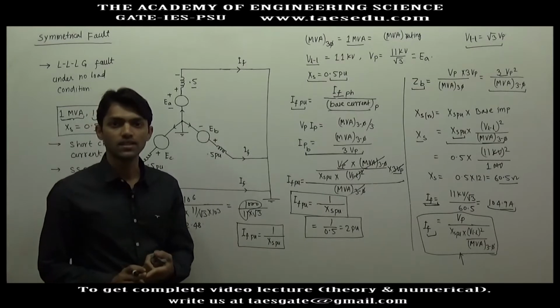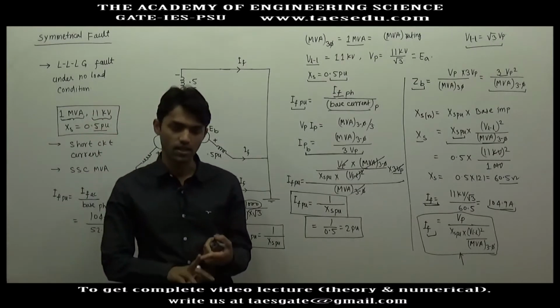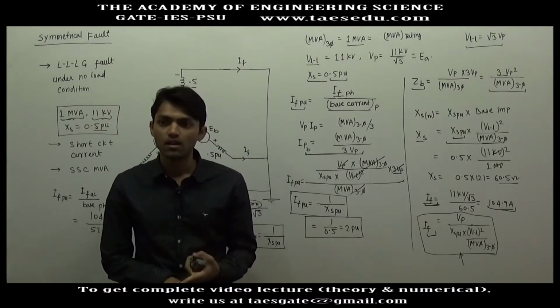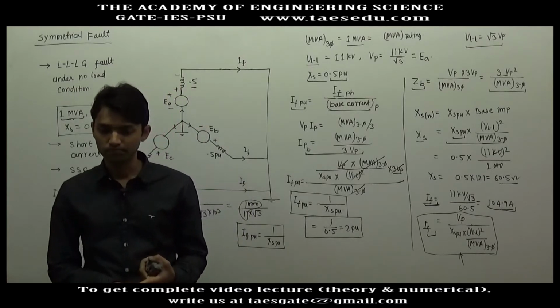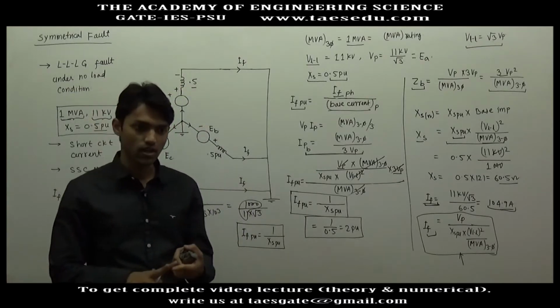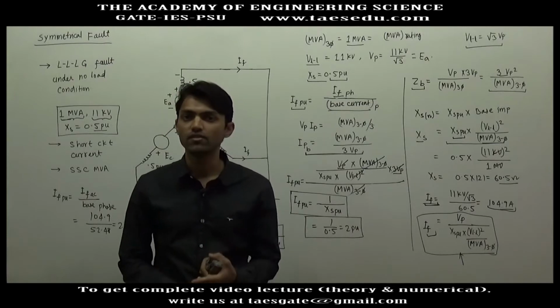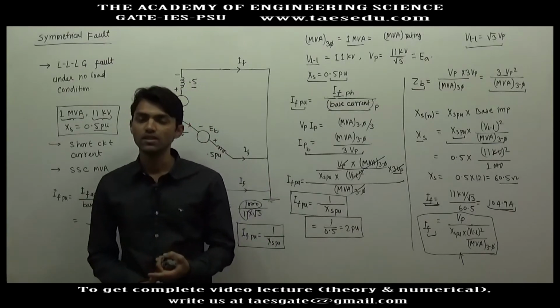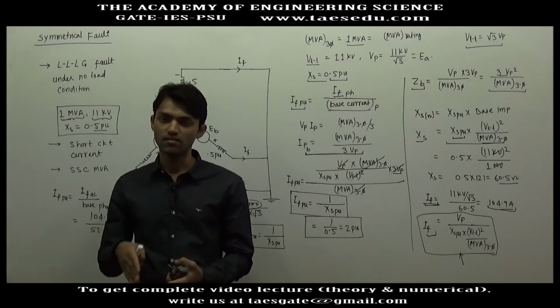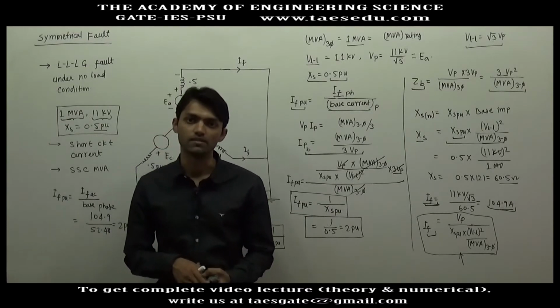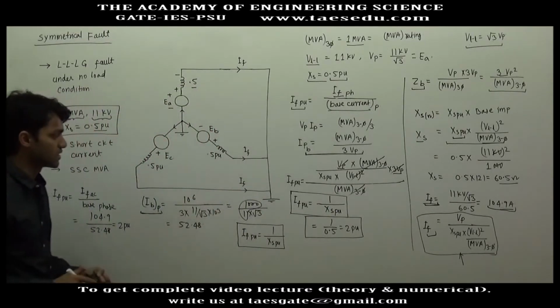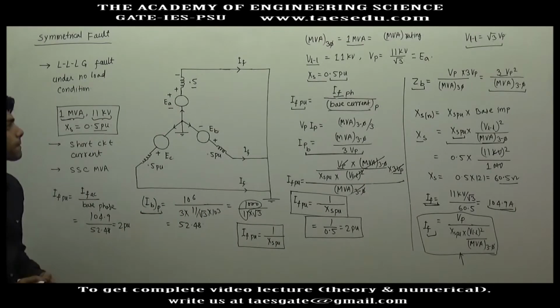You don't have to see the star connection, you don't have to see the delta connection, even you don't have to see the line quantity or phase quantity. Everywhere the pu value of current will be simply the pu value of voltage divided by pu value of impedance. Let us derive the same thing for delta connection also.